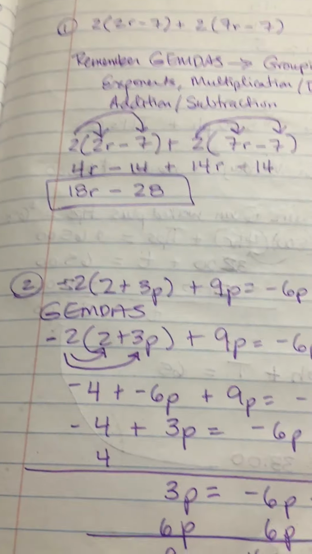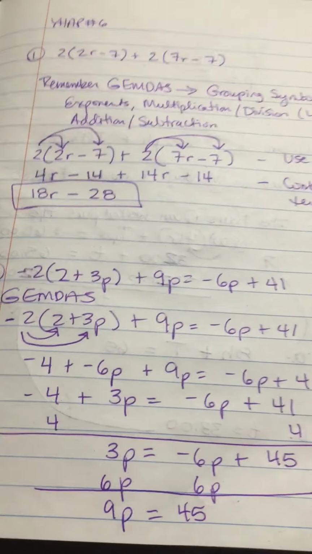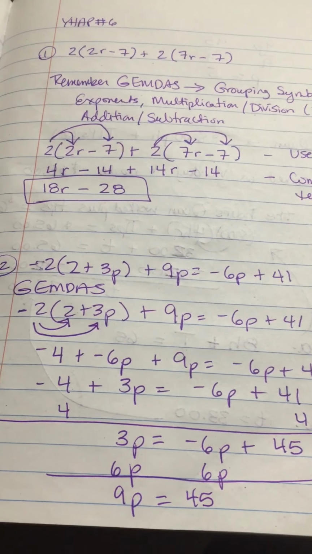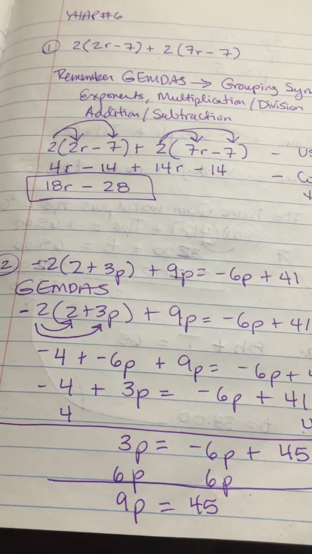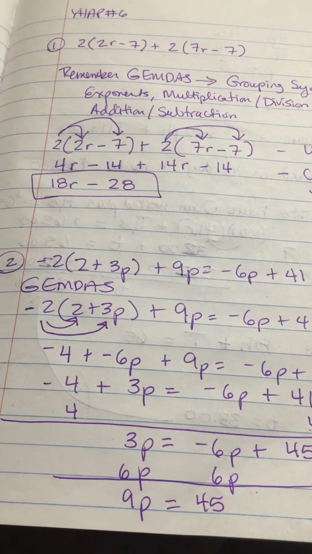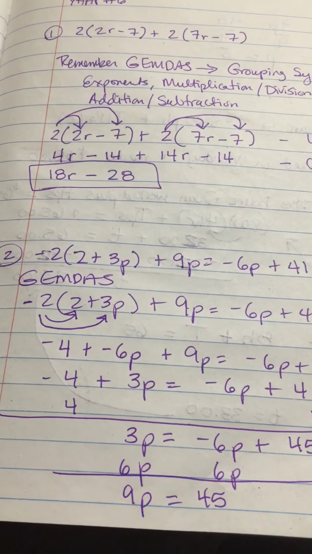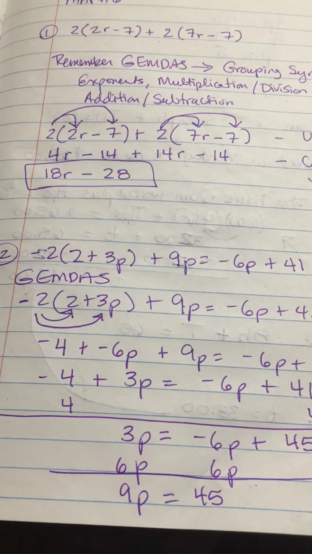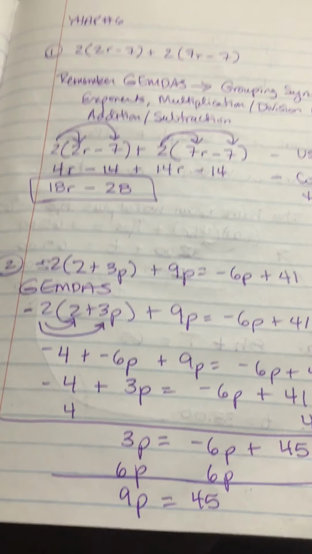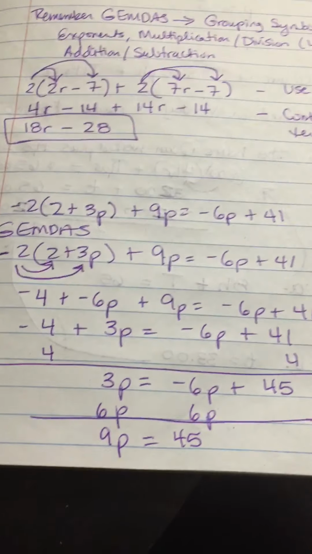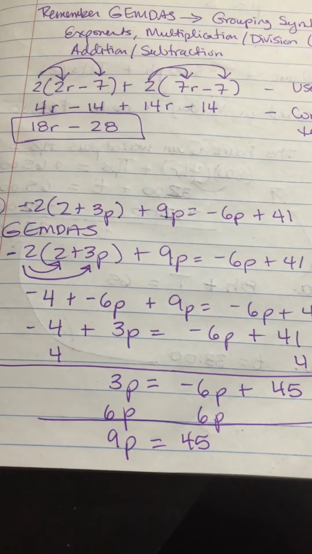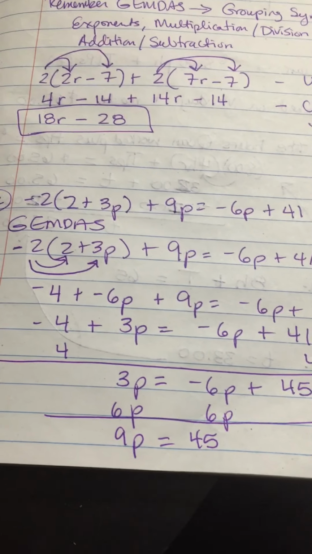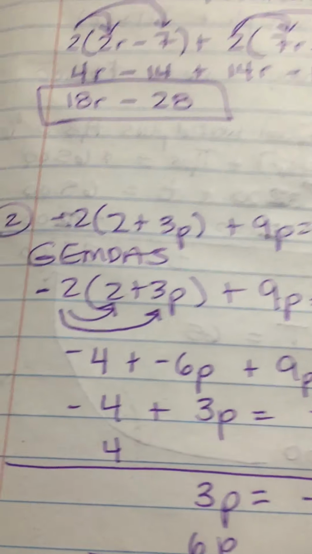All right, for the second problem, a similar problem, we're going to use the order of operations again. I'm looking at my terms in the parentheses. Is there anything I can do to simplify those terms? There's nothing I can do to simplify anything in the parentheses, so I'm going to use my distributive property.